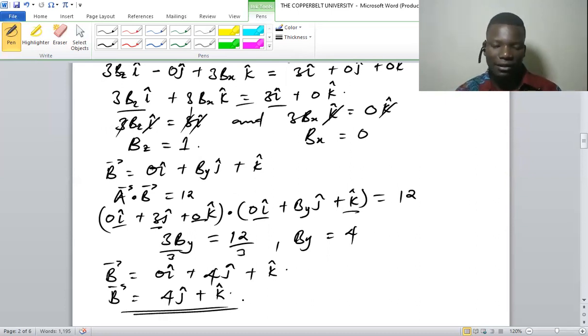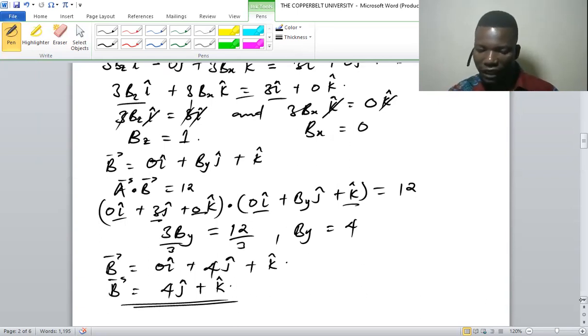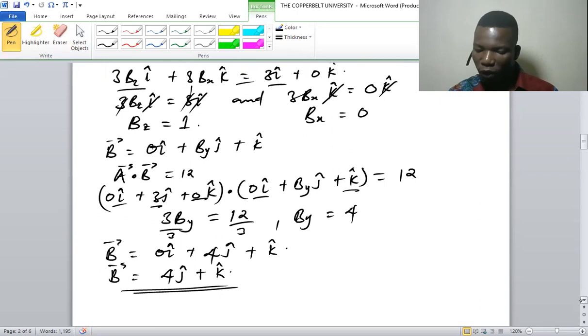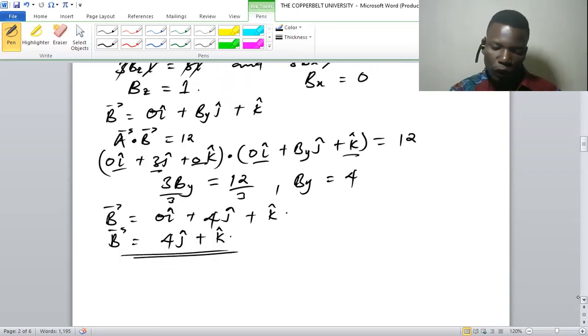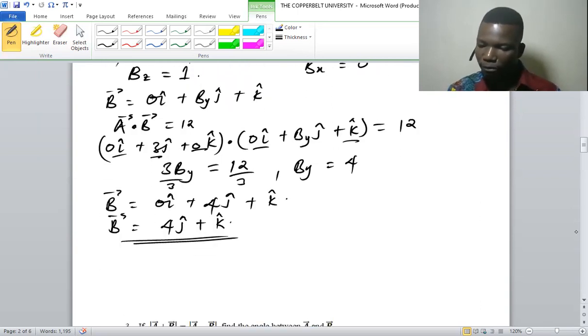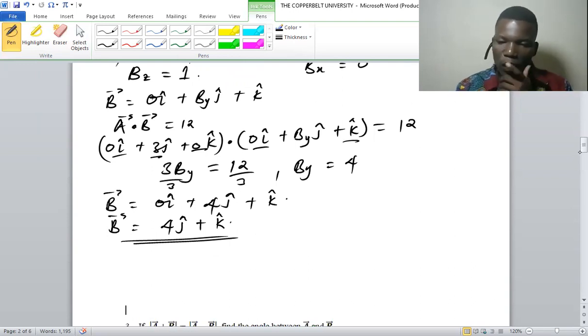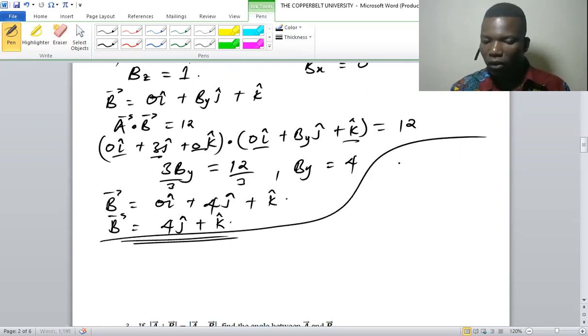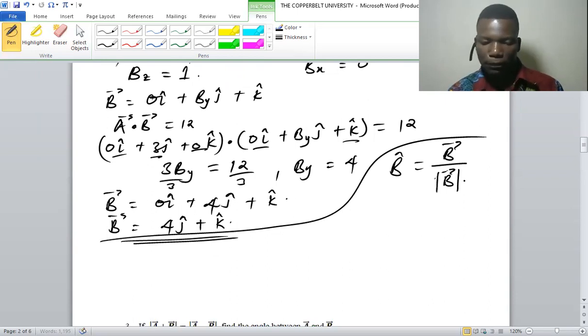This is how you find vector b. And then for the next question, we are asked to find the unit vector of b. We know that the unit vector is given by the vector divided by the magnitude of the same vector.